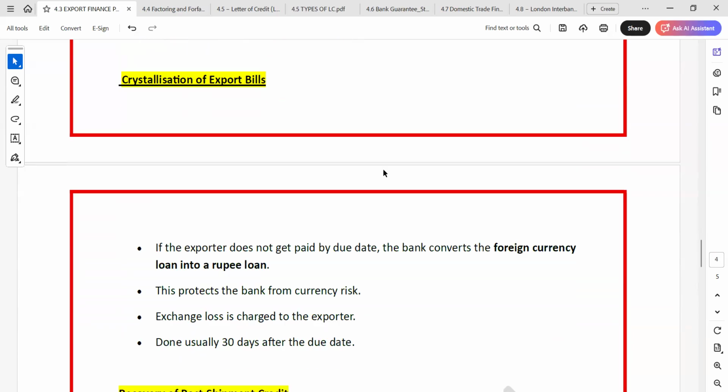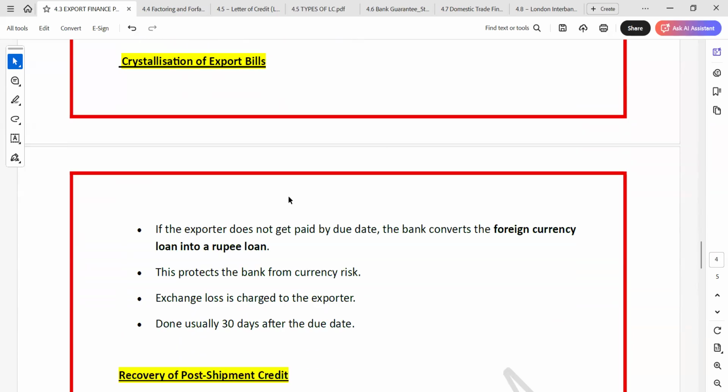Okay, next is crystallization of export bill. Crystallization means, suppose the exporter does not get paid by the due date. If the due date is 10th November 2025 and payment has not come, what will the bank do? The bank will convert the foreign currency loan into a rupee loan.